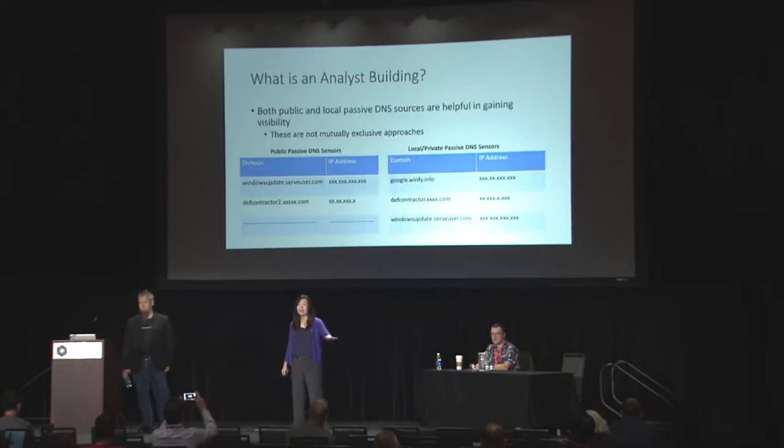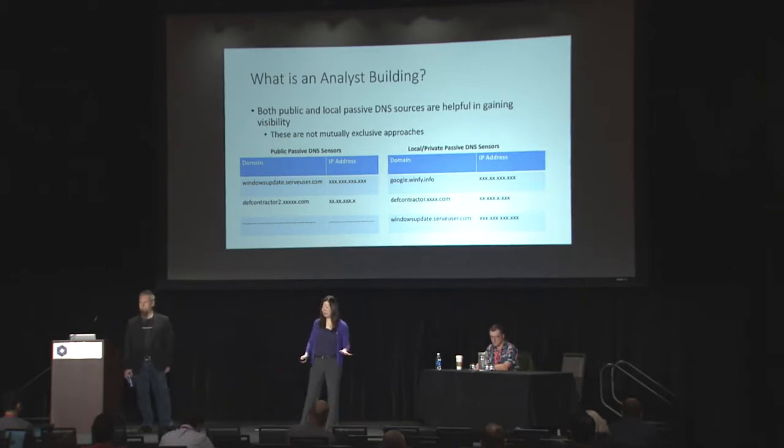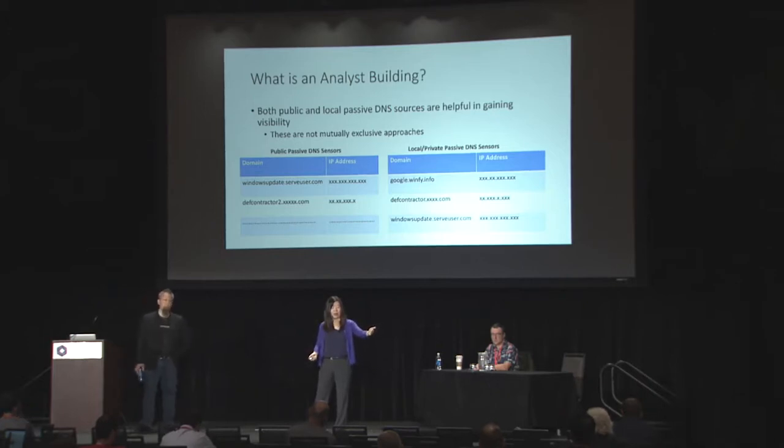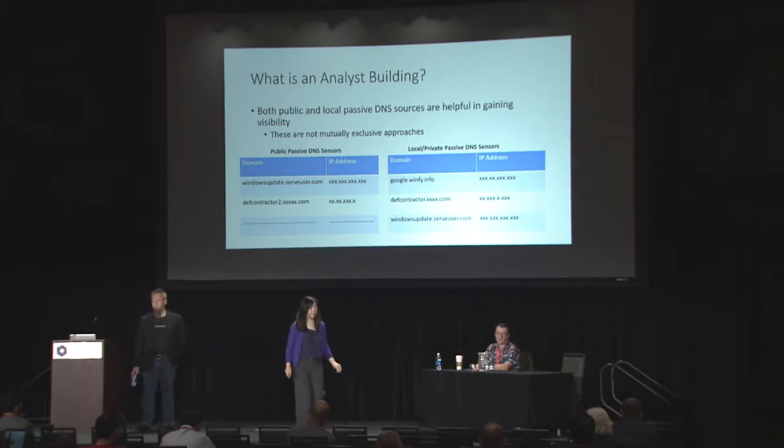All right, so what is an analyst building? If you're a threat intel analyst and you're triaging and trying to attribute attacks and build a picture of how the attack took place in your infrastructure, hopefully you're building something like this. On the public passive DNS sensor side, on your left, you see the domains that the attack came from, and you see the IP addresses of what they are.